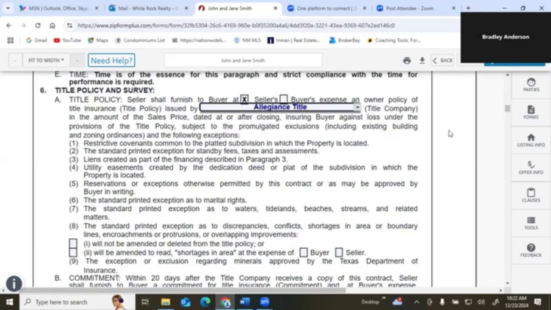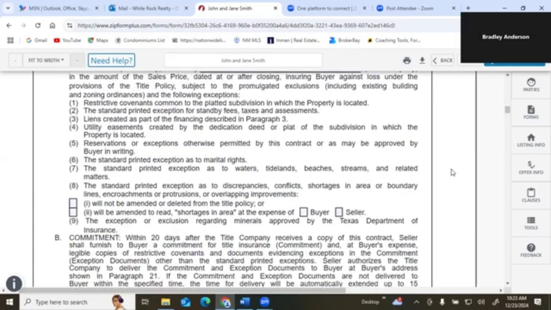Right. And it then goes on to say, these are the exceptions that we're not going to insure. Basically these fall under the heading of things that the title company can't control anyway: deed restrictions, easements, anything that is governed by a higher power, if you will.